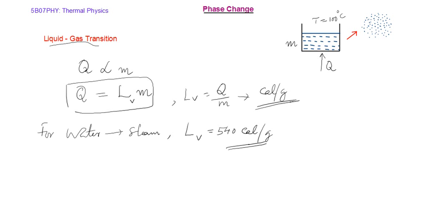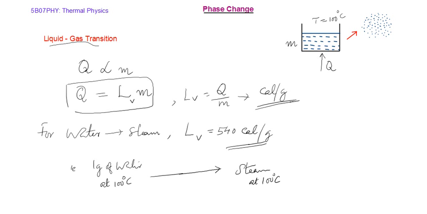Okay, what's the meaning? If you have got 1 gram of liquid water at its boiling point, at 100 degrees Celsius, at the beginning of the vaporization process, to convert this entirely into steam, steam at the same temperature of 100 degrees Celsius, okay, it's not any super saturated or anything, you have to supply how much?